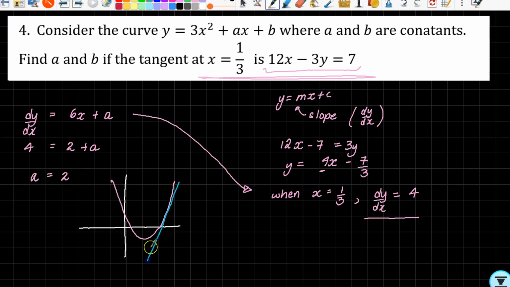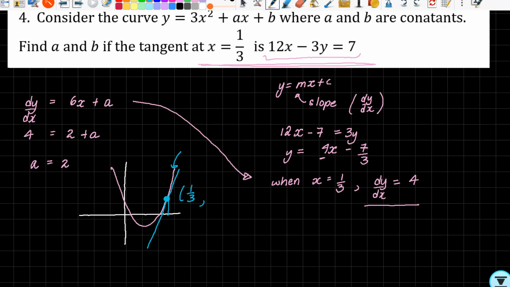So let's just imagine, obviously, 1/3, that's a crazy scale. Can you see that at this point, when x is 1/3, that point not only lies on the quadratic, it also lies on my tangent, okay? So using the equation of my tangent here, I know my x value, and I'm going to use that to find out my y value.